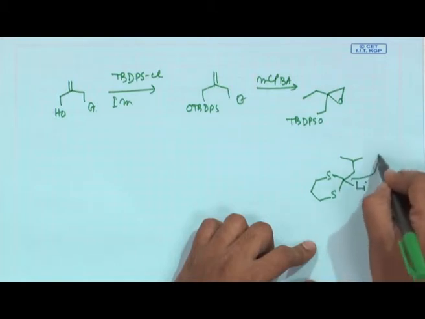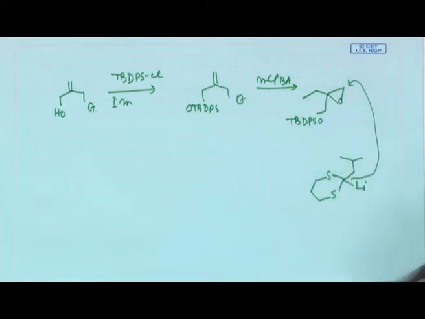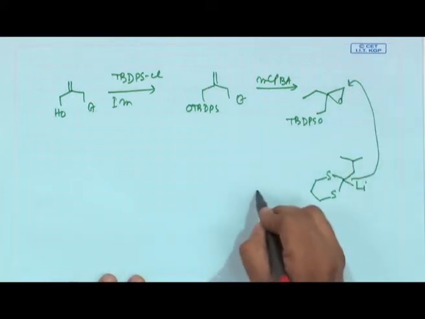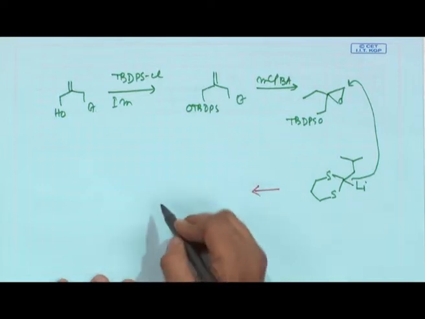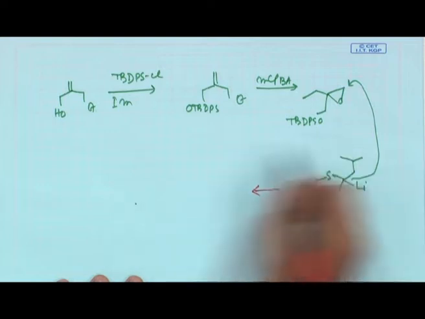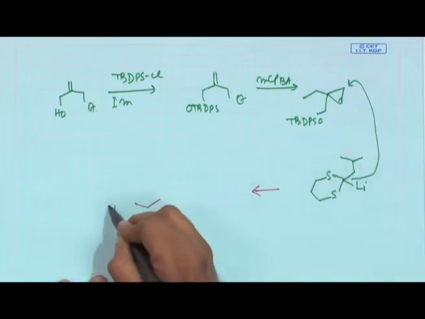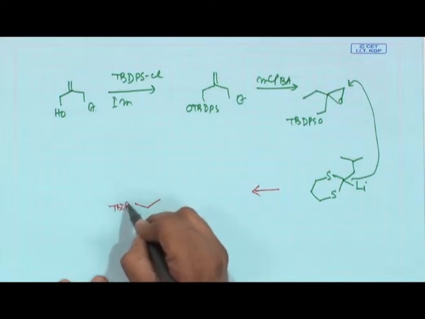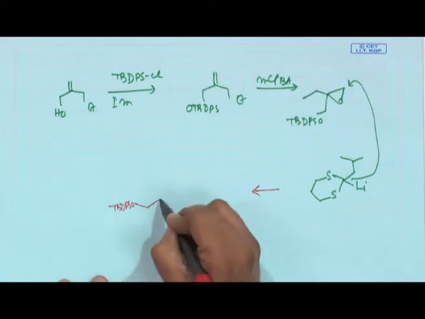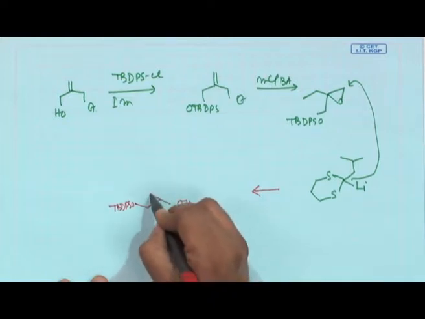This negative charge now attacks this epoxide from the sterically less hindered site, and then the epoxide will be opened up, and you get this: TBDPS will be there, you have this OH which has been generated, you have this ethyl.